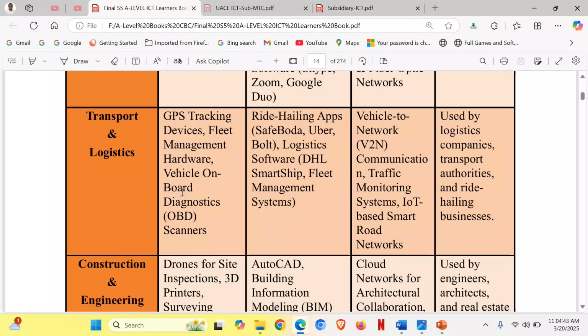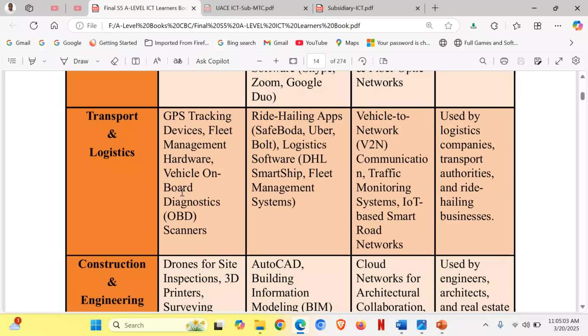When it comes to software, we have ride-hailing apps, talk about SafeBoda, Uber, Bolt, etc. We have logistics software like DHL, then smart ship, fleet management software.